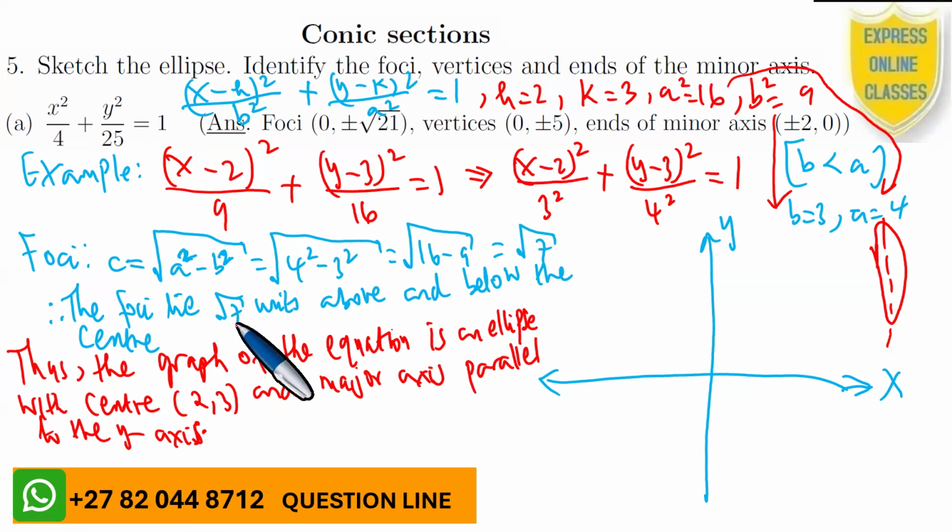The foci lie the square root of 7 units above and below the center. So we're going to analyze this one.